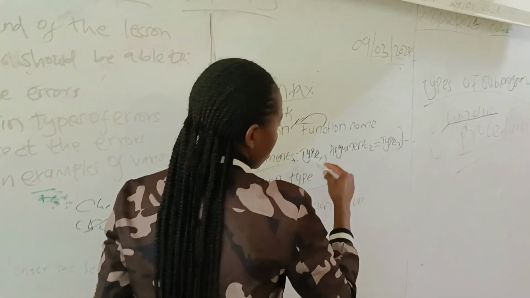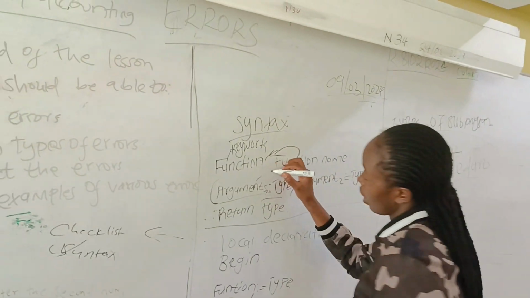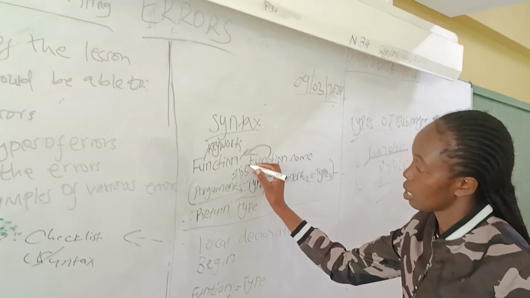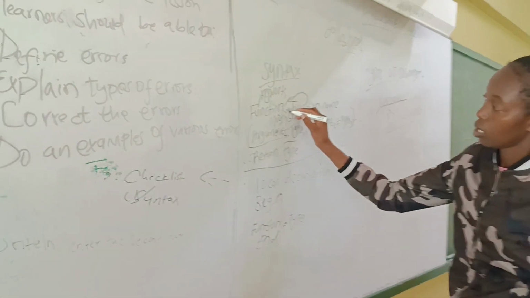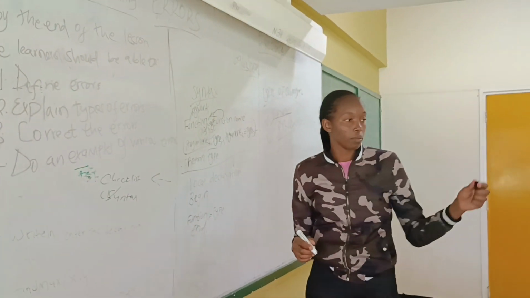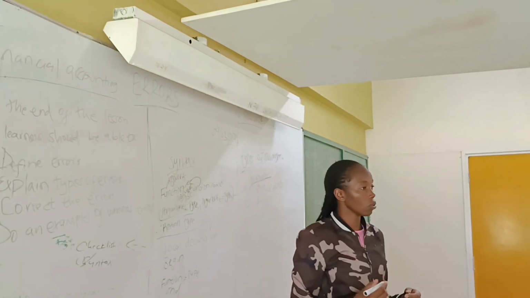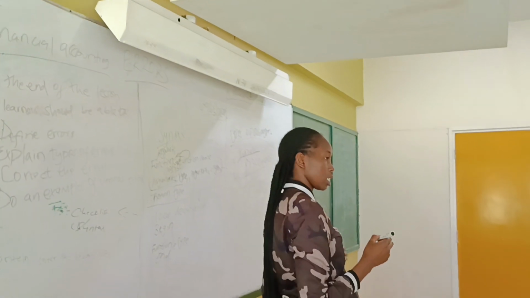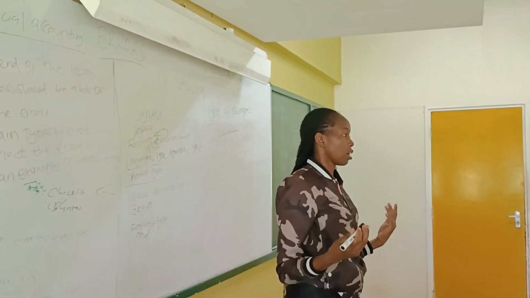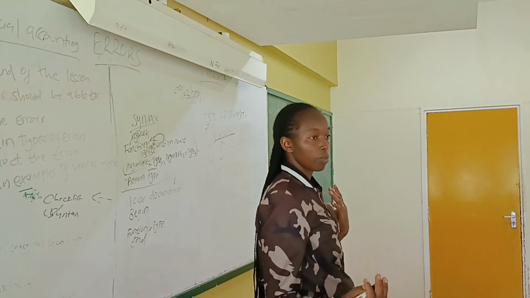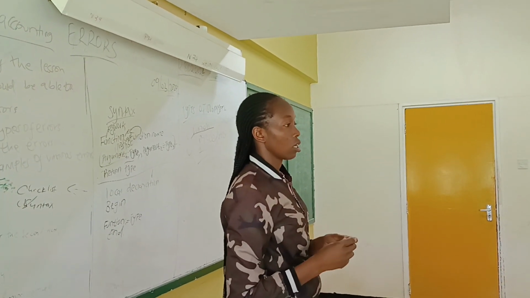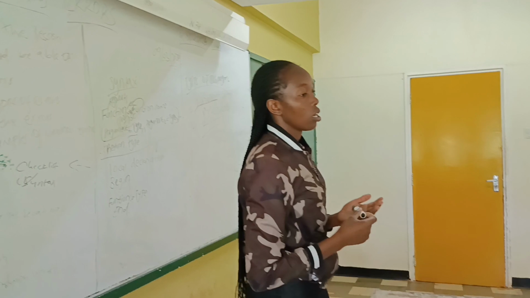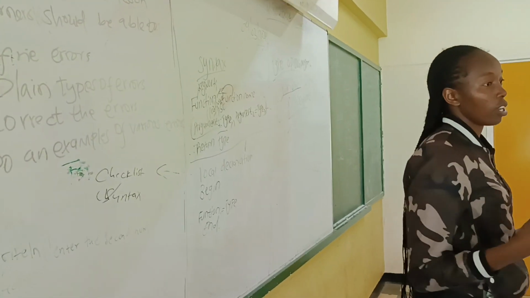Then arguments. The meaning of argument is a list, or you can call it parameters. And what is a parameter? Who knows the meaning of parameter? Or have you ever heard something called parameter? We have gadgets, we have Wi-Fi.